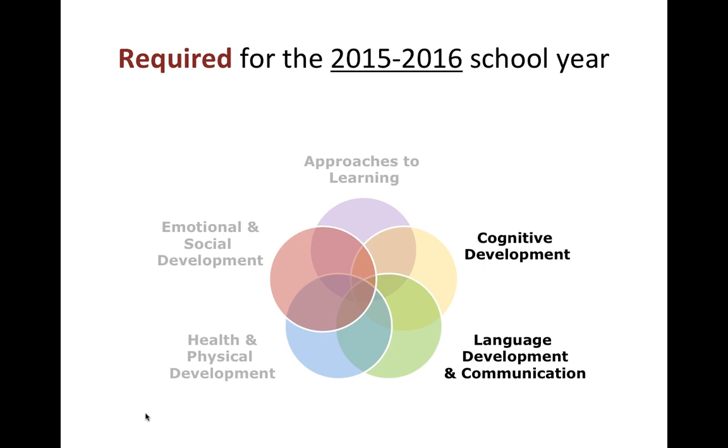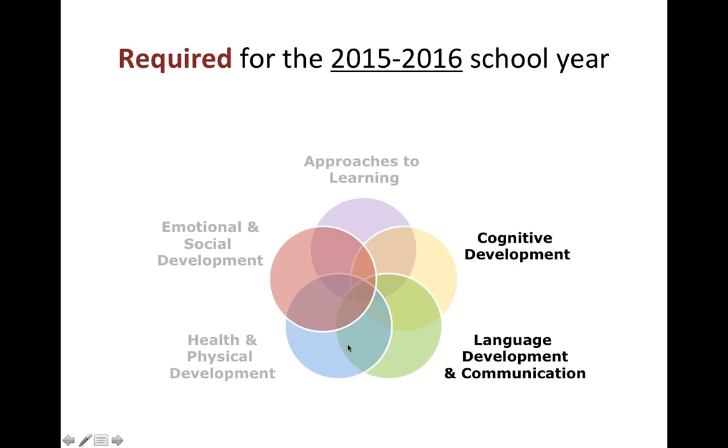So, we real quickly went through all five of the domains. And again, I want to refer back to the live binder and remind everyone that there is a wealth of information in the live binder that specifically focuses on the 5 domains.